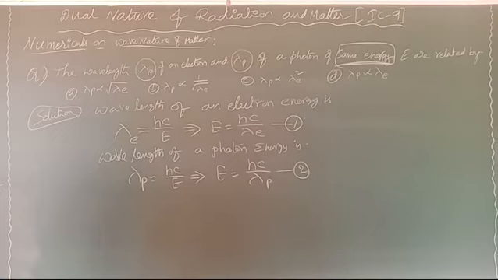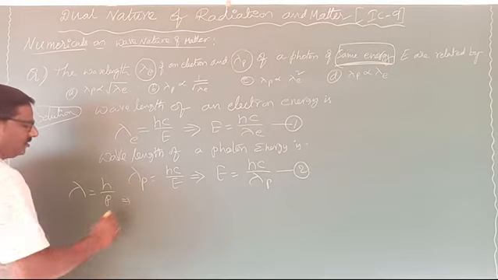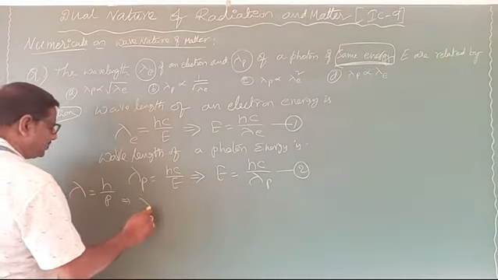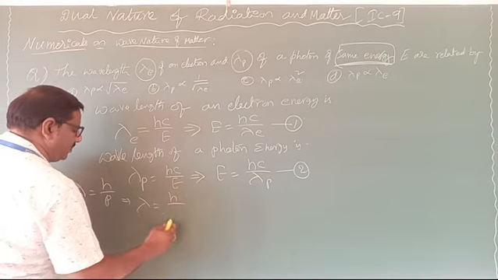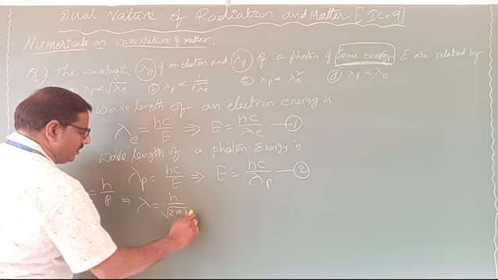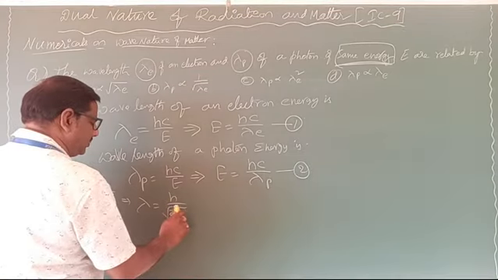Generally we already know that by using the de Broglie wavelength, lambda equals h by p, and with momentum written in terms of kinetic energy, lambda equals h by root 2mE. For the electron, I will write it like that.